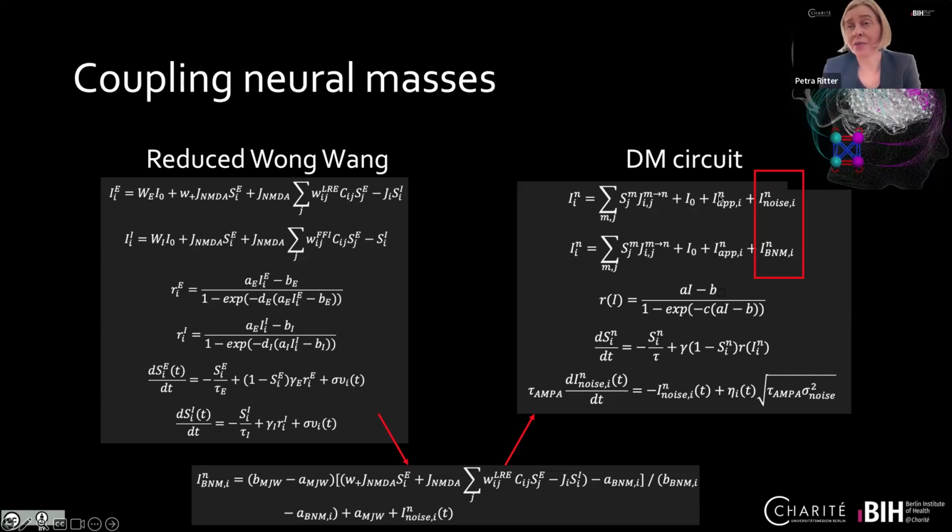And in the circuit model, we have very similar equations, and we have also a noise term for the competing populations, but the noise terms are now replaced by the input that comes from the network in which the circuit model is embedded. Yeah?